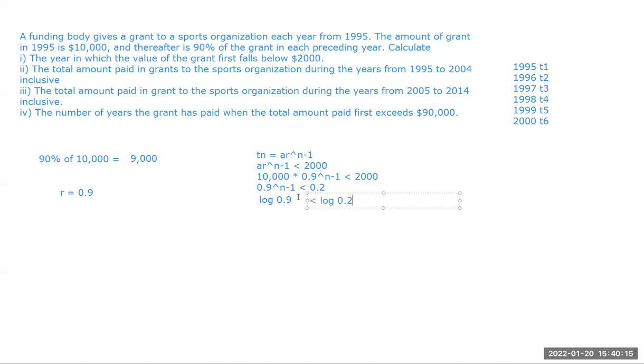What happened to the n minus 1? Remember, you're going to bring down the power. When you take the log of both sides, you can bring down the power and put the n minus 1 in front of the log of 0.9.